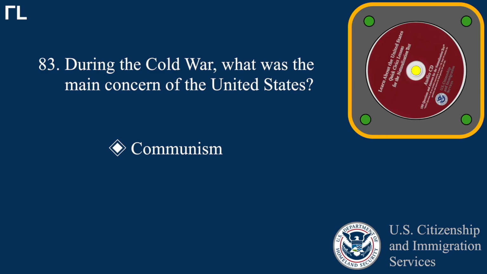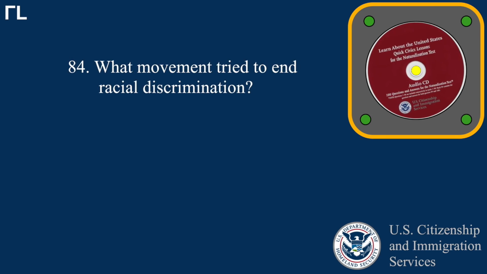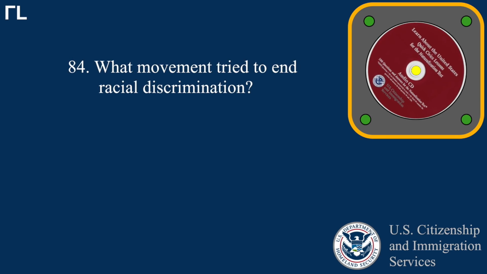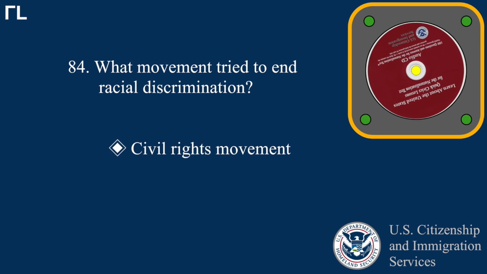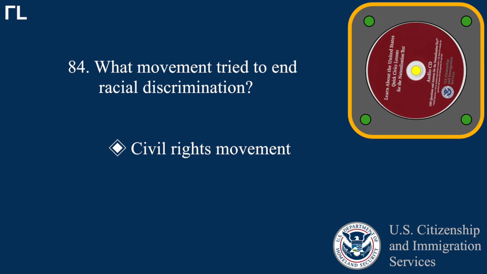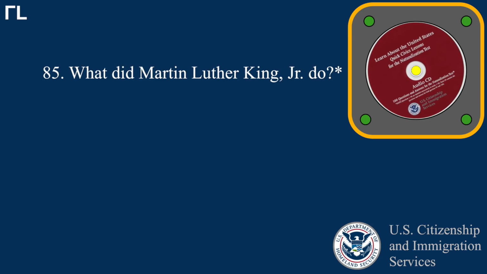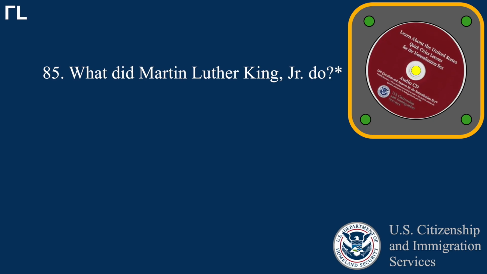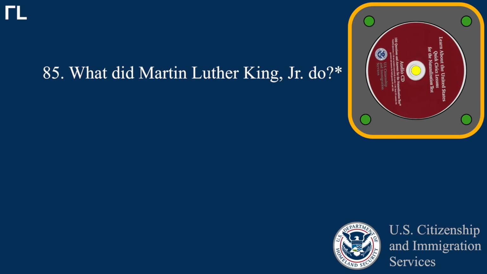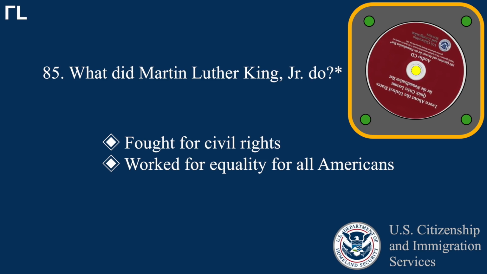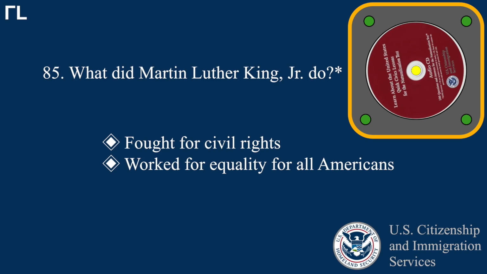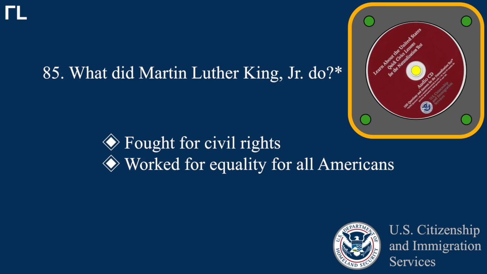Communism. What movement tried to end racial discrimination? Civil rights movement. What did Martin Luther King Jr. do? Fought for civil rights. Worked for equality for all Americans.